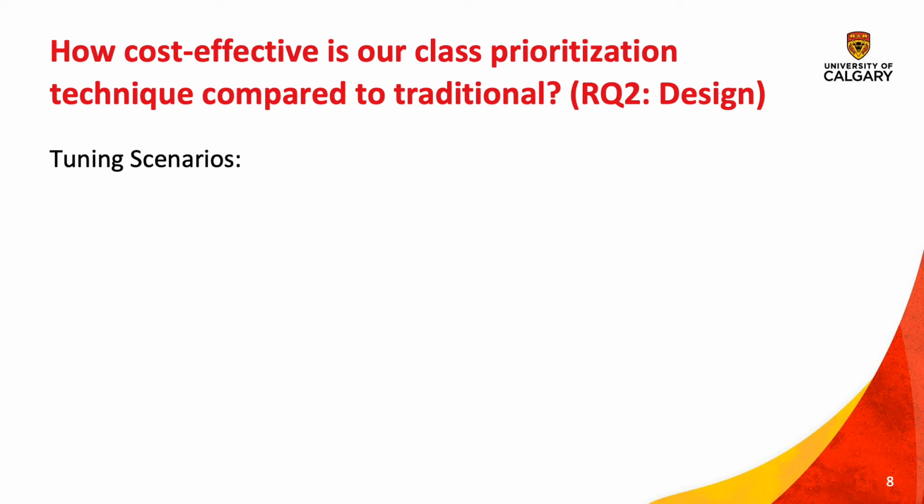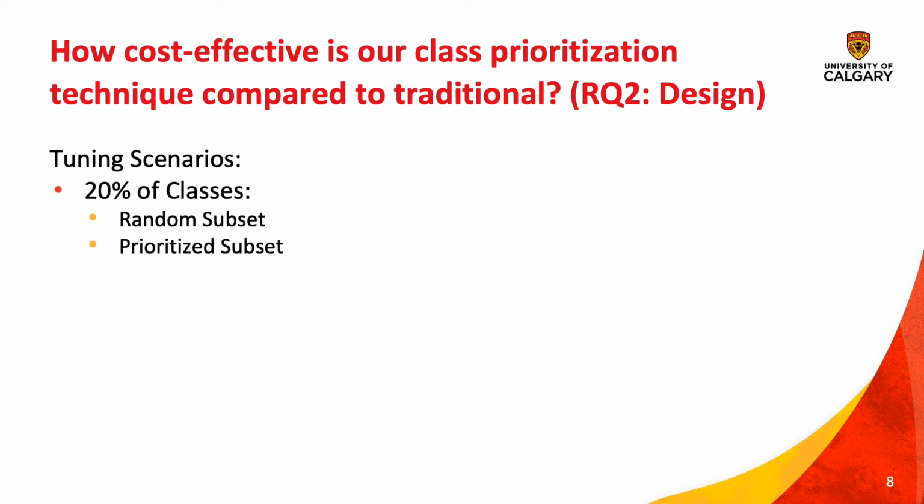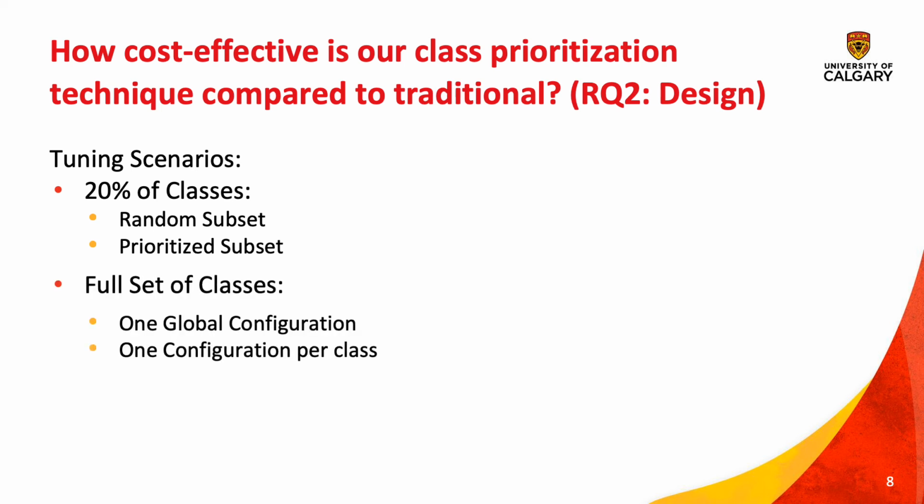In 2 of the scenarios, we select only 20% of classes, once prioritized classes and once random classes. We compare them with 2 scenarios that tune the whole set of classes. The last scenario is the case with no tuning. We use the MetaGA tuning method for the first 4 scenarios, but other tuning methods can be used here as well.